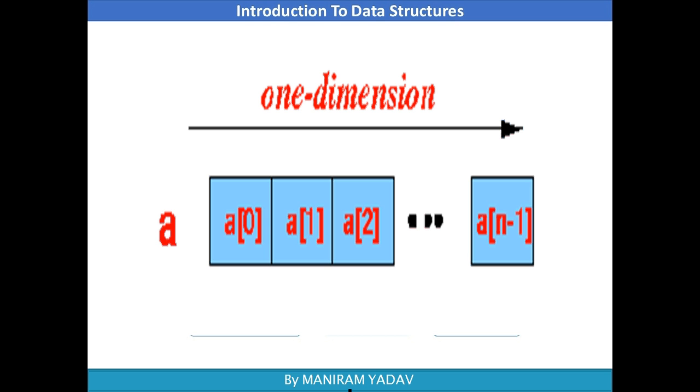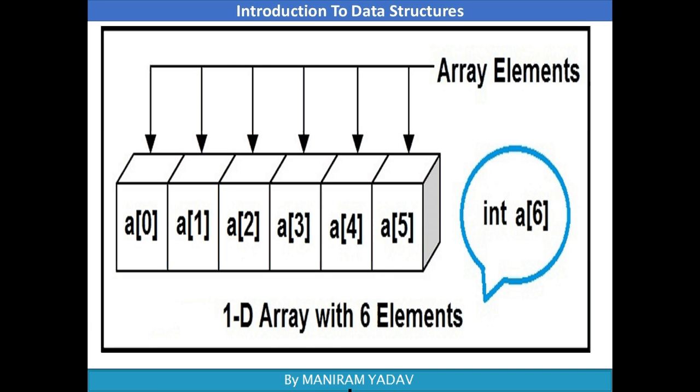So this is a method for storing the data in the one dimensional array, like a0, a1, a2, a3, a4 dot dot dot a n minus 2 and a n minus 1. Let me explain another example of one dimensional array. You can see here the array size is 6, one dimensional array with 6 elements.